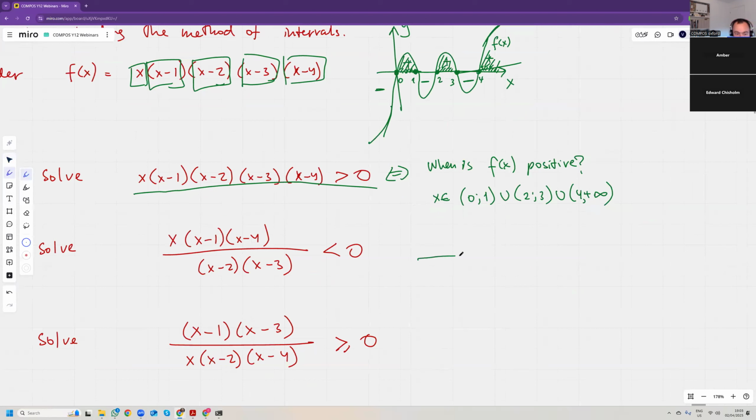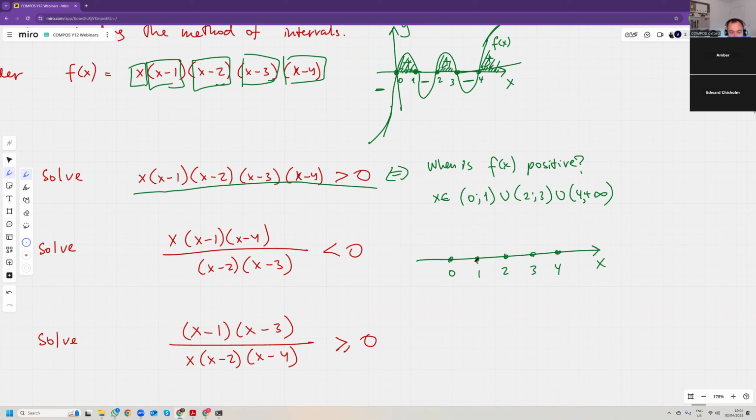So we can still draw this function with the same intervals. We call these critical points, by the way. They're different to the critical points in differentiation. 0, 1, 2, 3, 4.